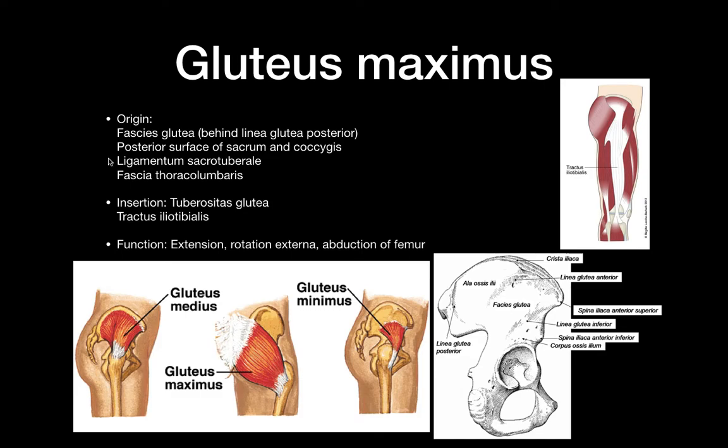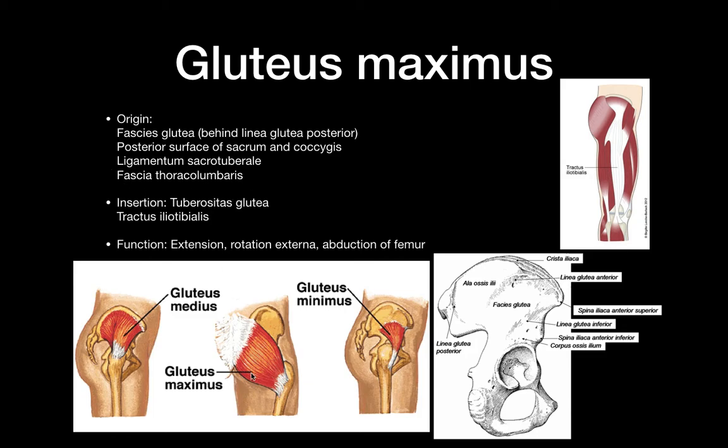And it's also going to attach to Ligamentum Sacrotuberale. If you remember where Sacrotuberale goes, it goes from the sacrum to the tuberosity. It's also going to originate from Fascia thoracolumbaris. I've talked about this one in an earlier video about the muscles of the back.